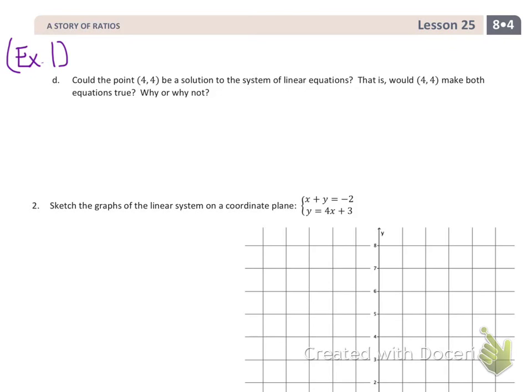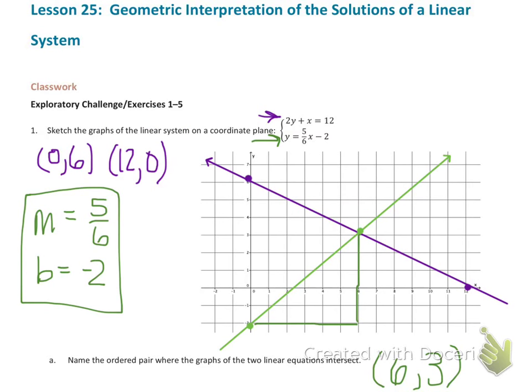Could the point (4, 4) be a solution to the system of linear equations? That is, would (4, 4) make both equations true? Why or why not? Well, I'm going to go back and look at the graph and look at that point (4, 4).